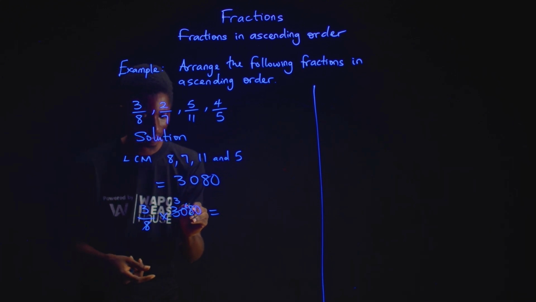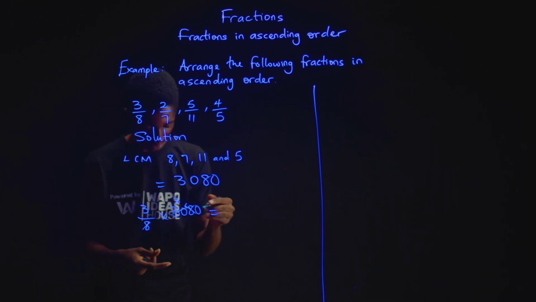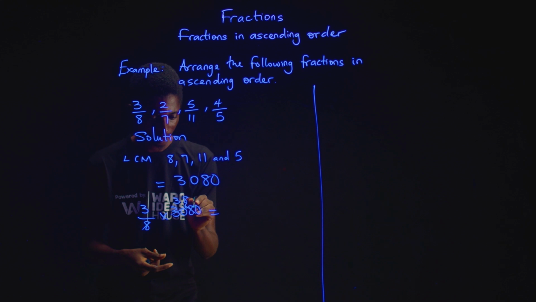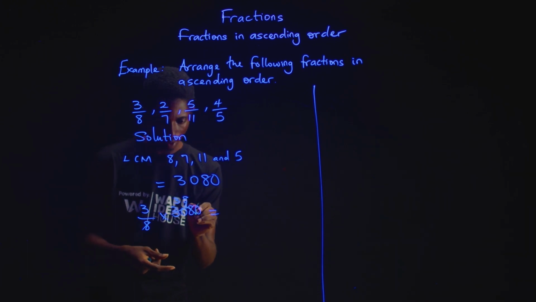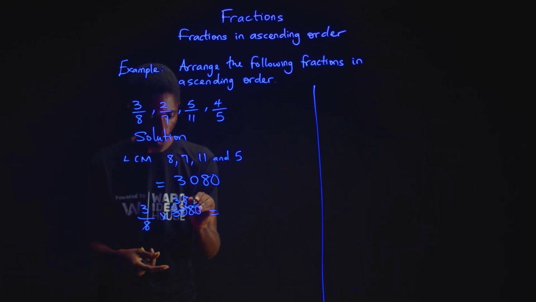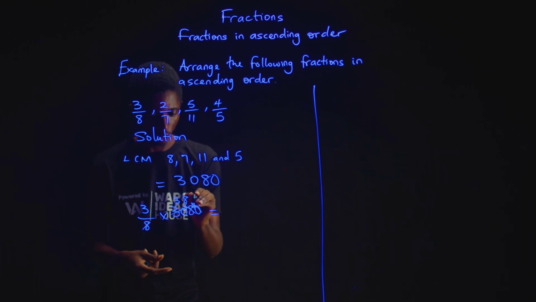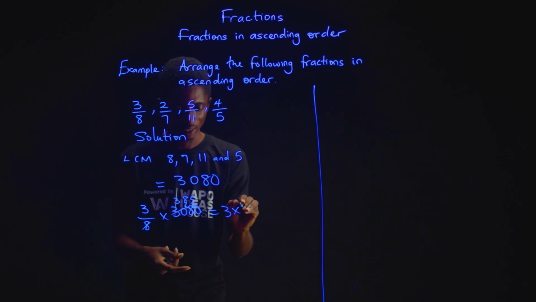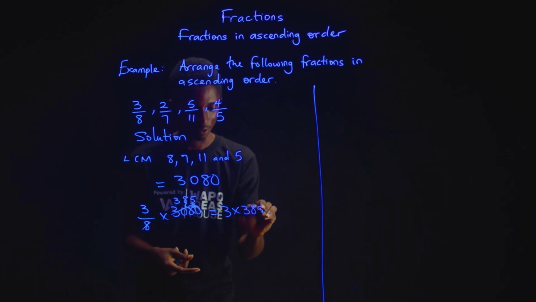Remember 6. In 68, that's 8. And then that's 4. Now in 40 is 5. That is, we have 3 times 385.